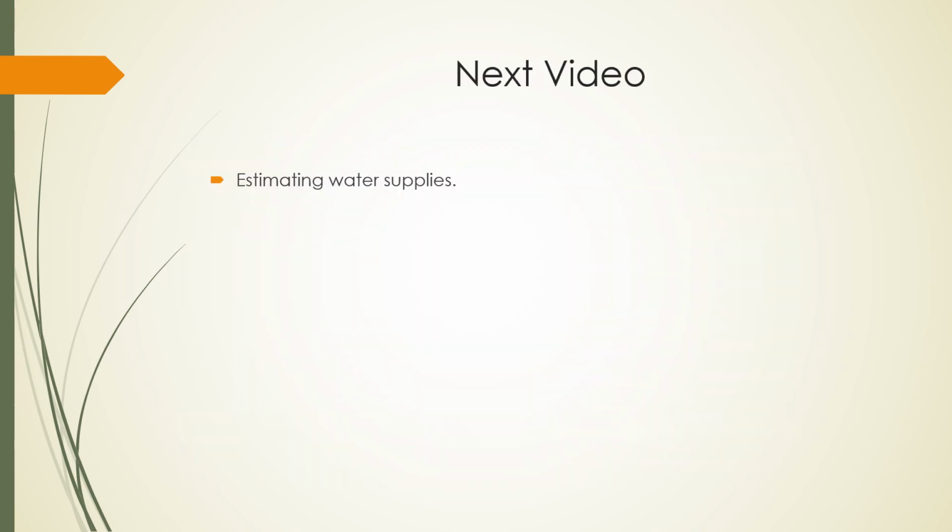The next video will be on estimating water supplies. Now, in some cases, you're going to be able to call the water department and they will provide you with water tests within the area. In a lot of cases they won't, or they won't get back to you. It's a very interesting situation calling up a municipality.